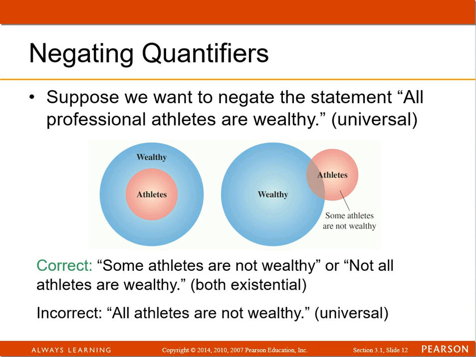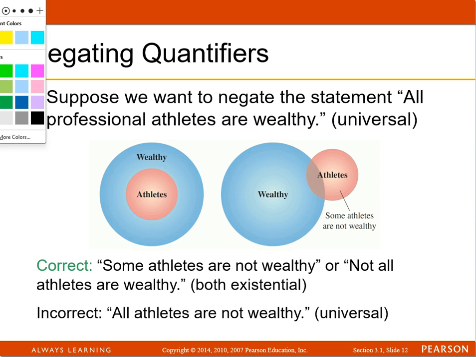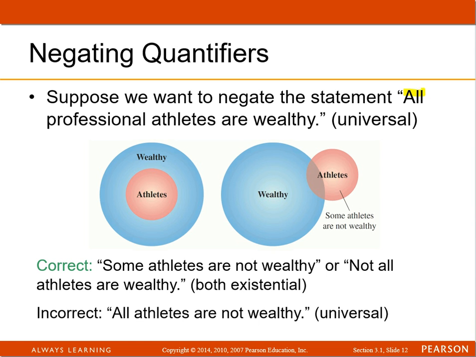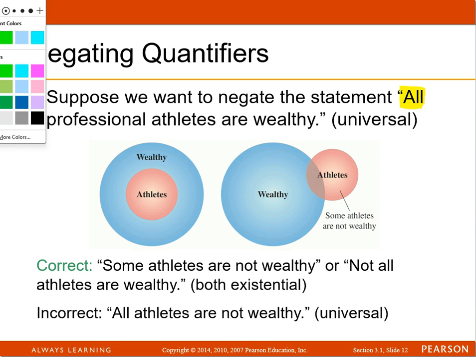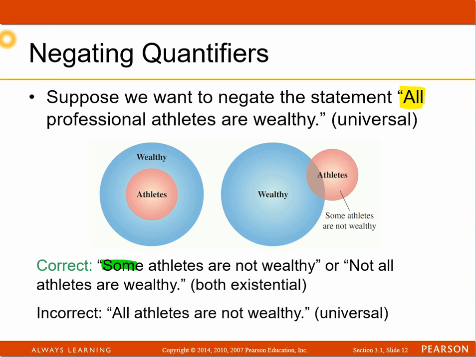So when it says, suppose we want to negate the statement, all professional athletes are wealthy, you would simply change the word all, which is a universal quantifier, to the word some, which is an existential one.